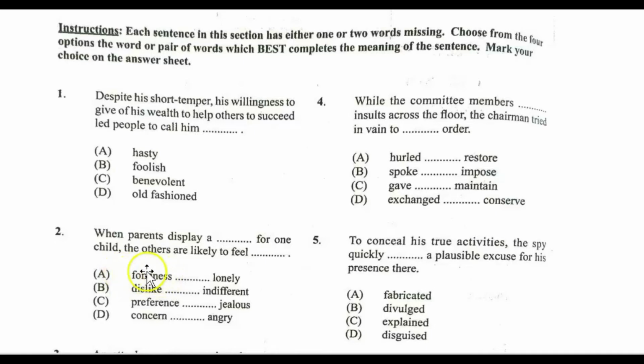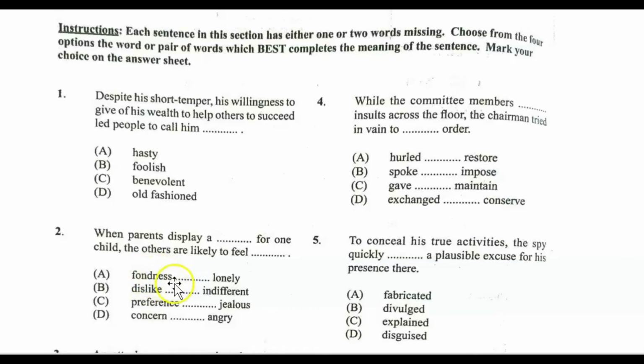Let's check the options. At option A, we have fondness and we have lonely. Let's put it into the sentence and see if it fits. When parents display a fondness for one child, the others are likely to feel lonely. Do parents often show fondness, affection to only one child?